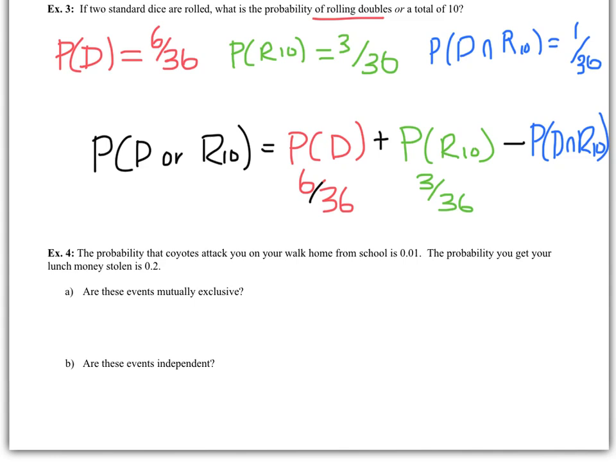And the probability of rolling a doubles that sums to 10 is 1 over 36, because that's 5 and 5. And when we add the first two values and subtract the final value, our final answer for the probability of rolling doubles or rolling a 10, a total of 10, is equal to 8 over 36.